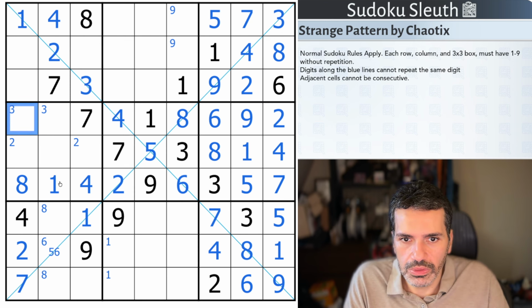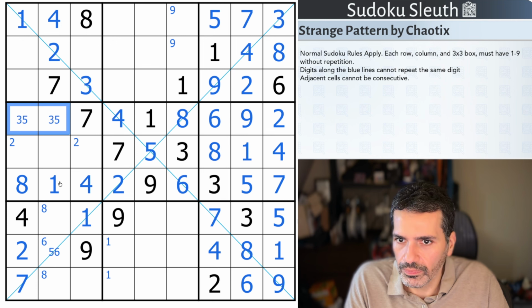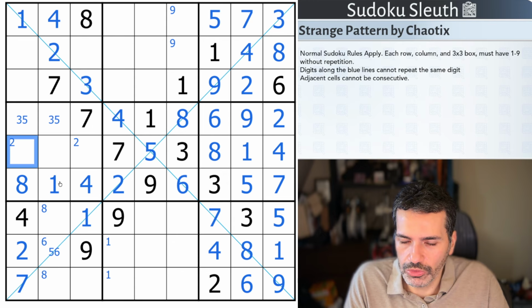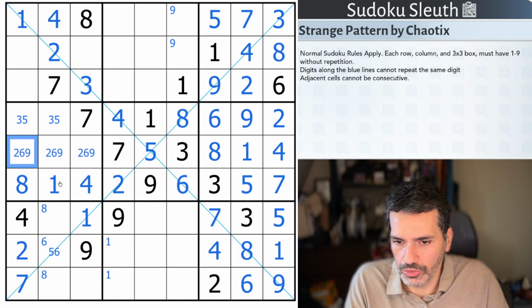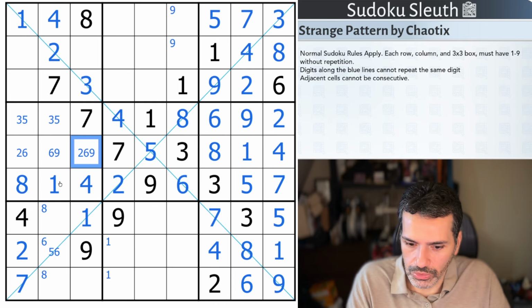Got 3 and 5. Then we've got 2, 6, which can't be here. Just going to pencil mark, I mean 2, 6, 9. That's not 9. That's not 2. That's not 6.